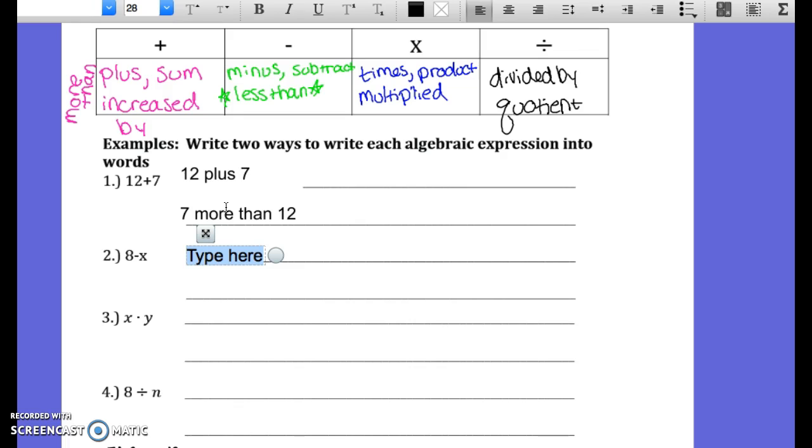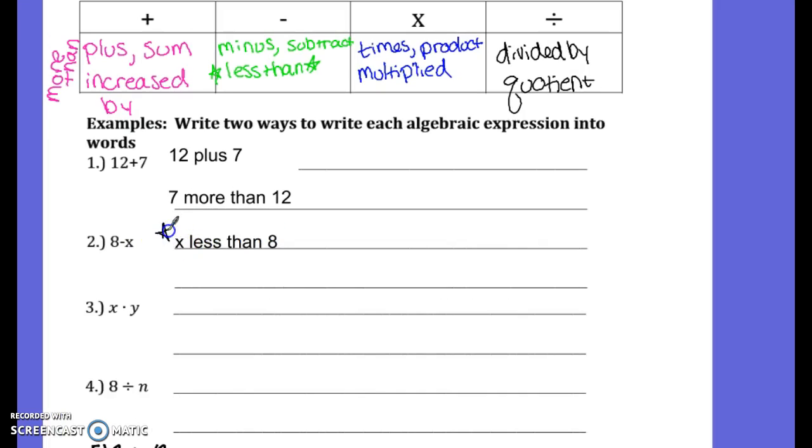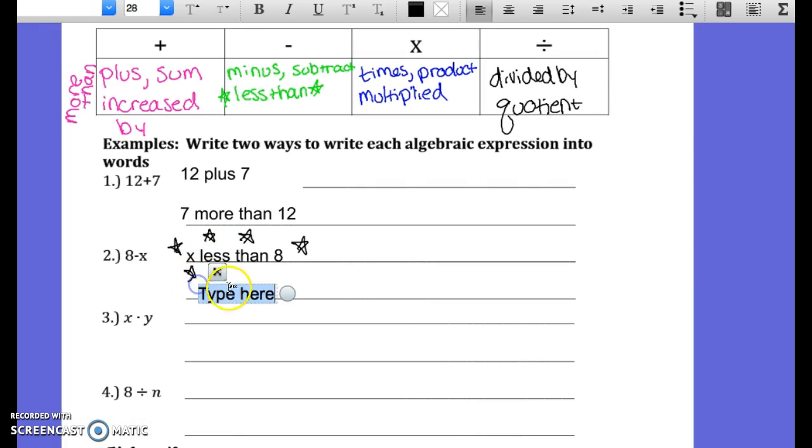The way you would use it with less than is it's x less than 8. This one's really, really, really important. So make sure you put stars next to it. Do something that helps you to know that when you write less than, it's x less than 8 because 8 is being decreased. Another way to write it is maybe 8 minus x.